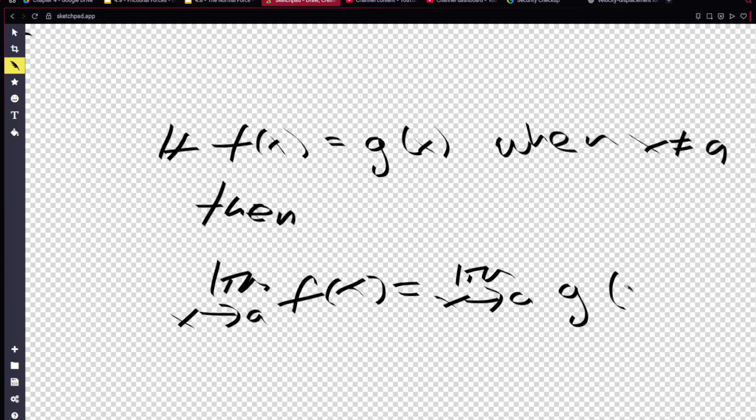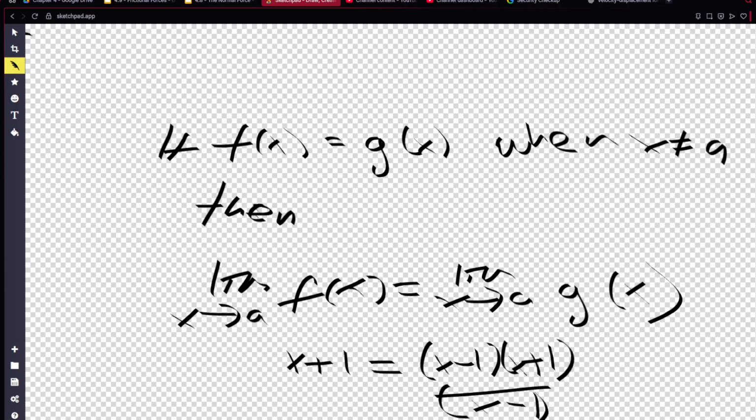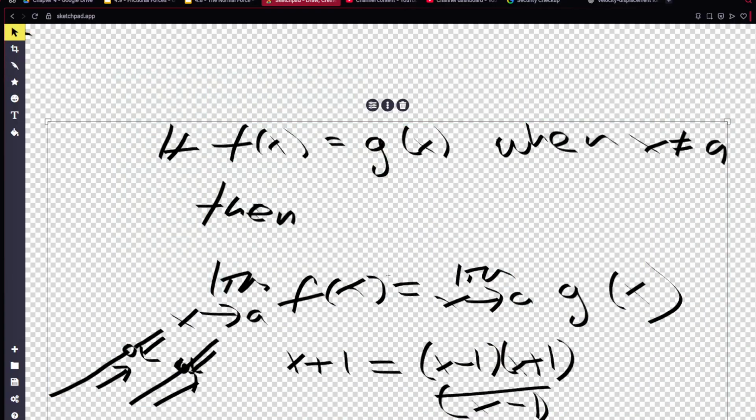So remember in the last one, x squared minus 1 over x minus 1 is the same thing as x plus 1, except for when x is equal to 1. So on the graph, this will look like the undefined graph, but the other point will look like this. But note that the limits are the exact same, because they're still approaching the same point, regardless of whether that point is defined, which is what a limit is.